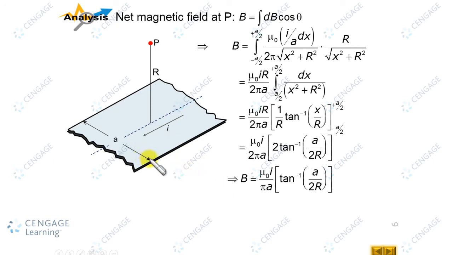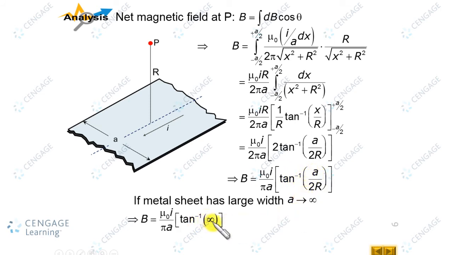That means if it is an infinite strip, then a should also be infinite. That means if we place a tends to infinity in this equation, this will be equal to tan inverse infinity, right? Tan inverse infinity is nothing but pi by 2. So in place of this we can write pi by 2, and pi and pi will get cancelled.